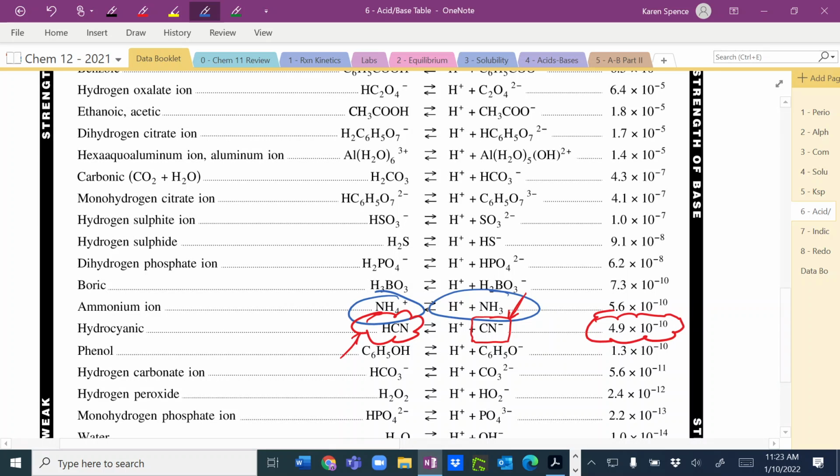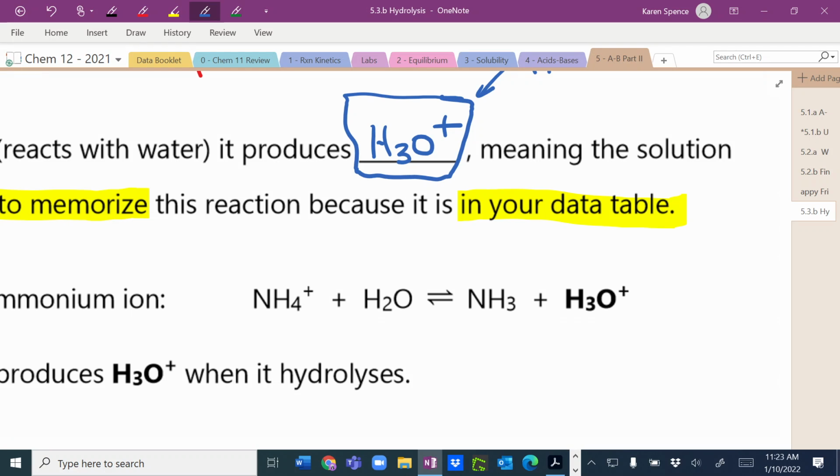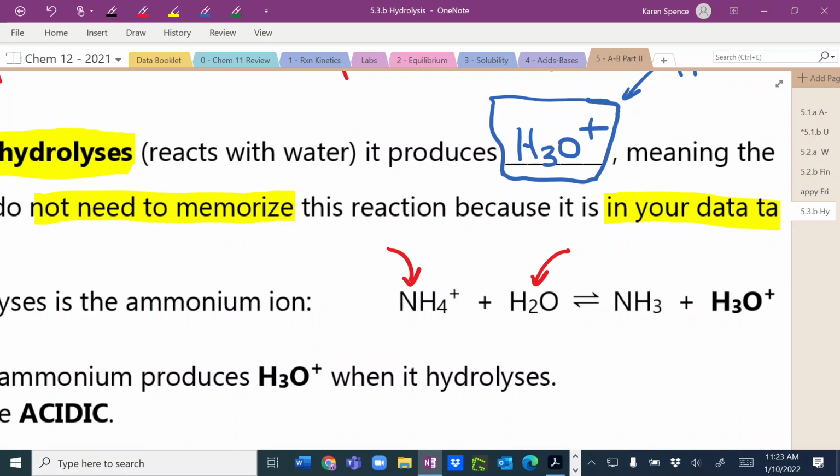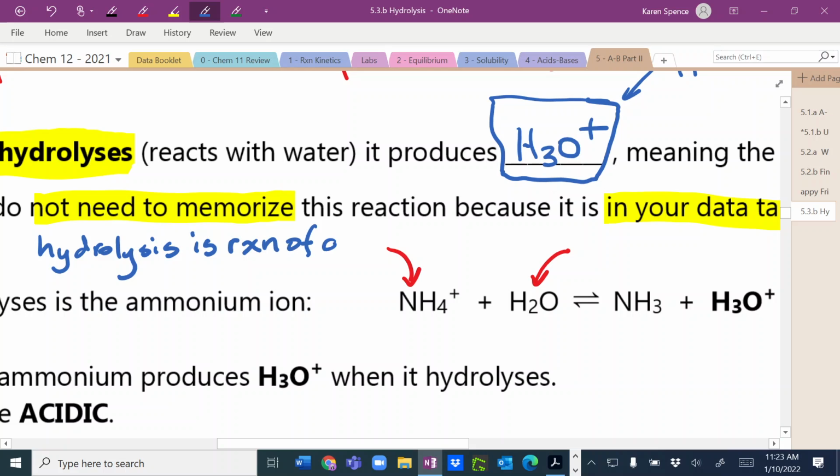So when it hydrolyzes, and remember, hydrolysis is the reaction of an ion with water.